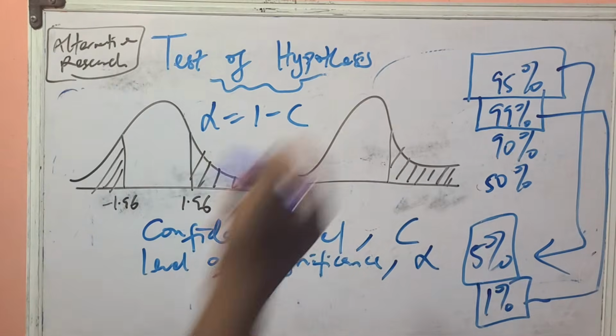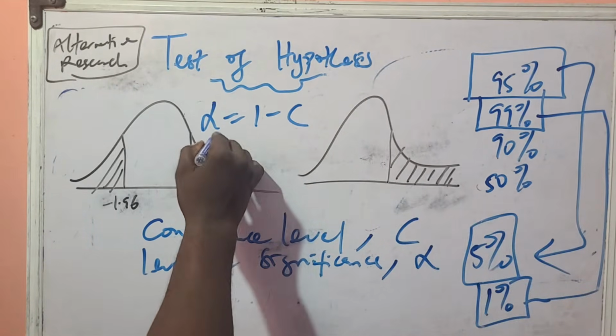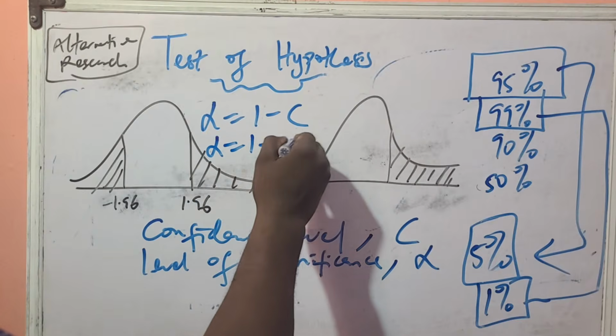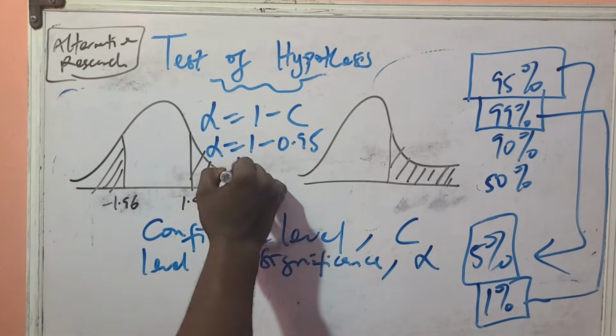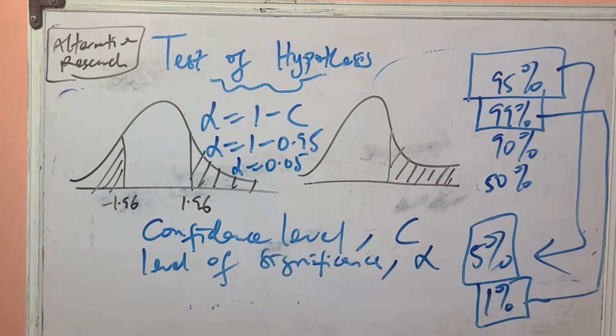If you had a 95% confidence level, that's 0.95, and so alpha here will be equal to 0.05. So simple.